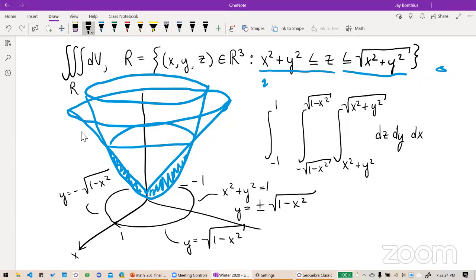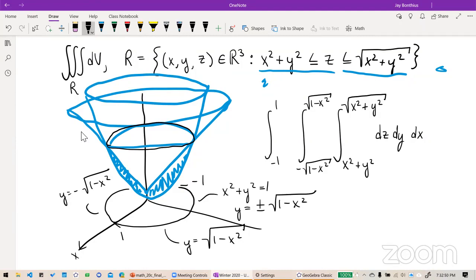Wait, why is y bounded between negative root 1 minus x squared and positive root 1 minus x squared again? Yeah, so these guys will intersect. So this intersection up here. If you want to find out what the equation of that curve is, it's where z here equals this.